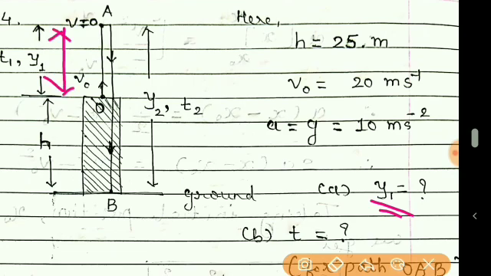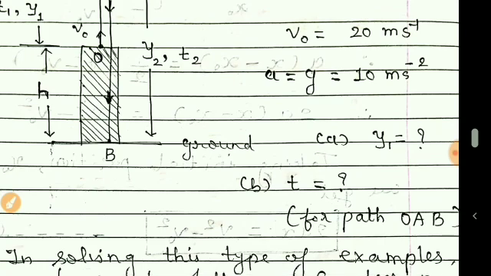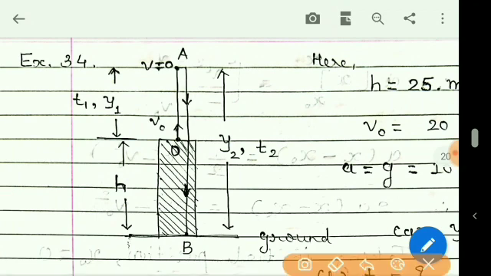Also we want to find the time. Which time? The time when the ball is thrown in the upward direction, then it moves in the downward direction and reaches the ground. So we want to find the time for this path from the top of the building in the upward direction, then downward, and once again reaching the ground. So this time we have to find.